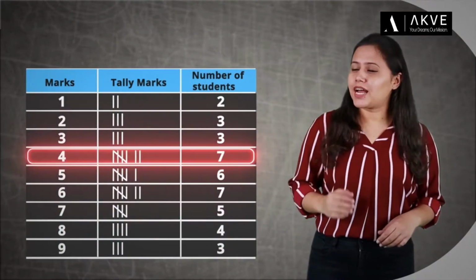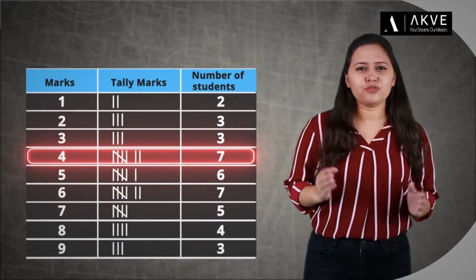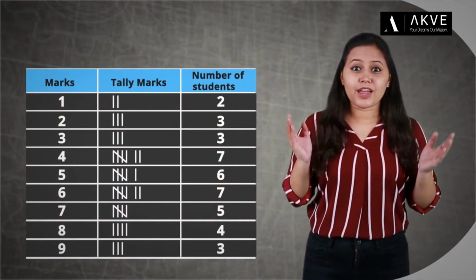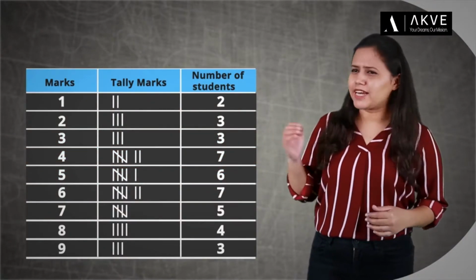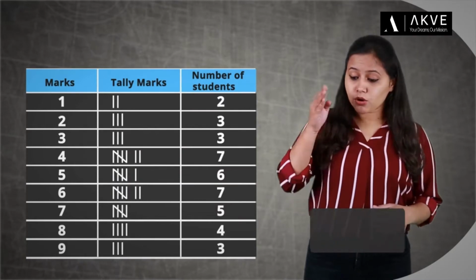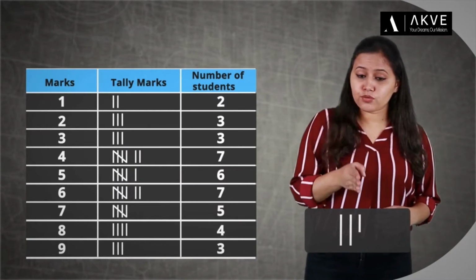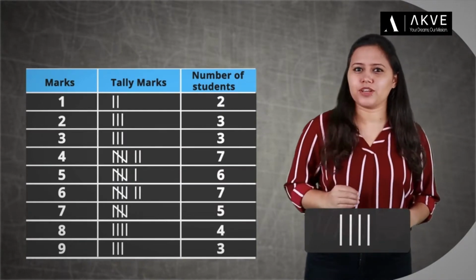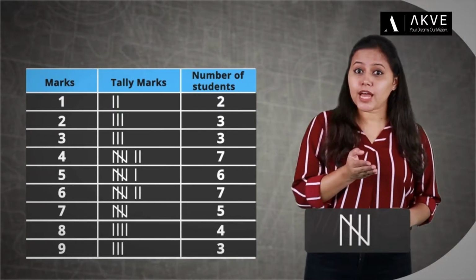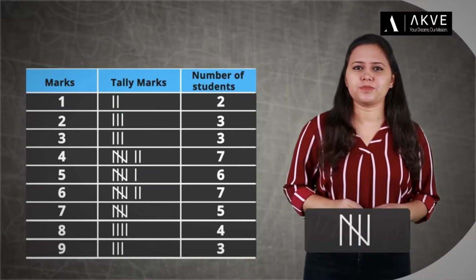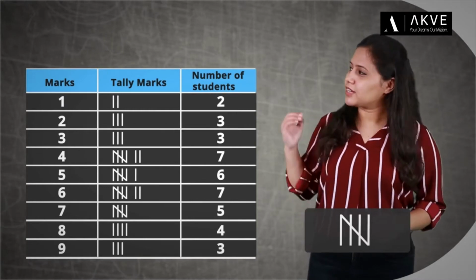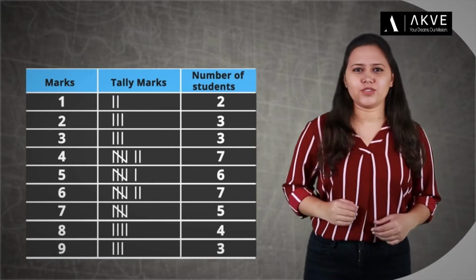Now it is clear that 7 students scored 4 marks. I hope you remember how to use tally marks. Keep marking the consecutive lines for the first 4 observations of the same entry. Then cut them diagonally for the 5th observation. Continue the same way till the last observation for all the entries.